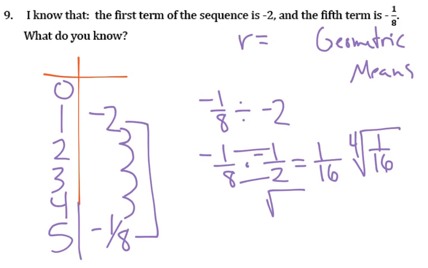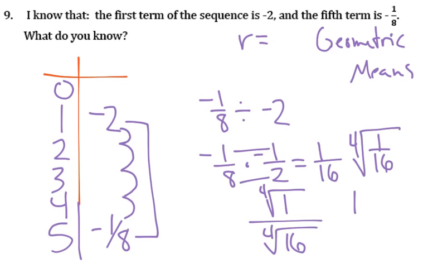So when we're dealing with fractions, we take the 4th root of the top, the 4th root of the bottom separately. The 4th root of 1 is 1, because any root of 1 is always going to be 1. And you can use a calculator to help you figure this out if you need to. They have ways to do this.